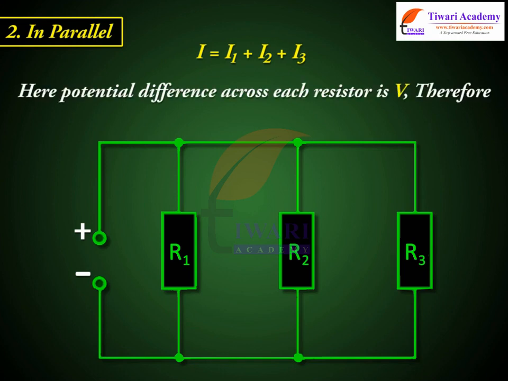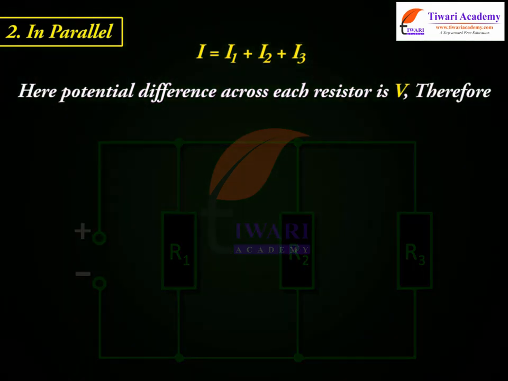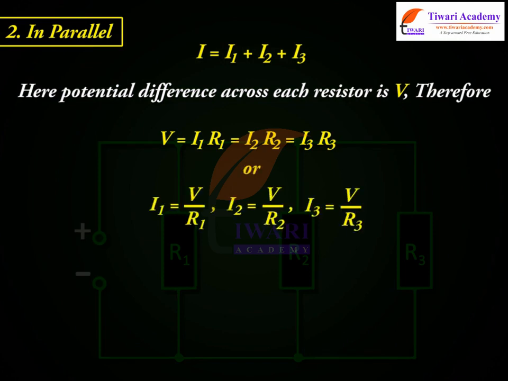Here, the potential difference across each resistor is V. Therefore, V is equal to I1R1, which is equal to I2R2, which is equal to I3R3, or I1 is equal to V by R1, I2 is equal to V by R2, I3 is equal to V by R3.